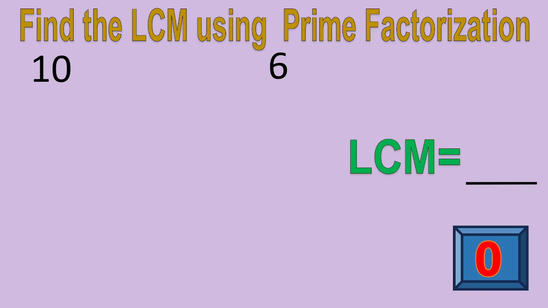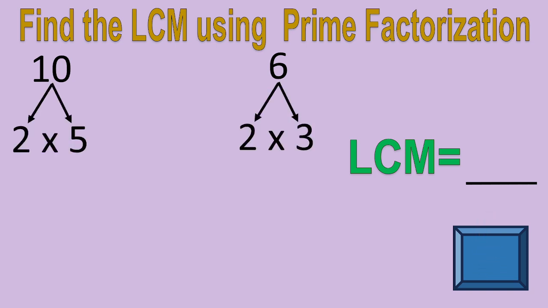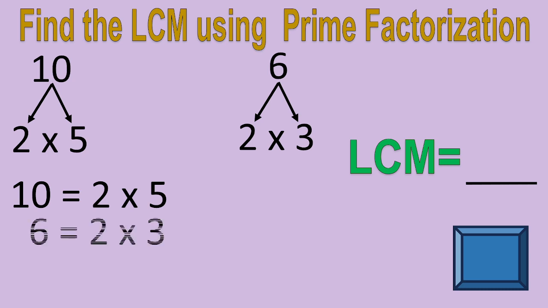Time's up. The answer is: the prime factorization of 10 is 2 and 5. The prime factorization of 6 is 2 and 3. So the common prime factor we have is 2.